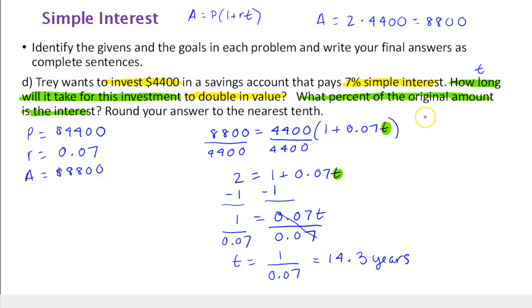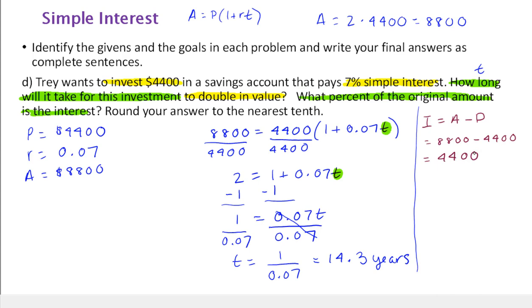Now let's look at the next question. What percent of the original amount is the interest? So first we need to find the interest. And remember, the interest is the future amount minus the principal. So we know both of those values. 8,800 minus 4,400, which is 4,400.